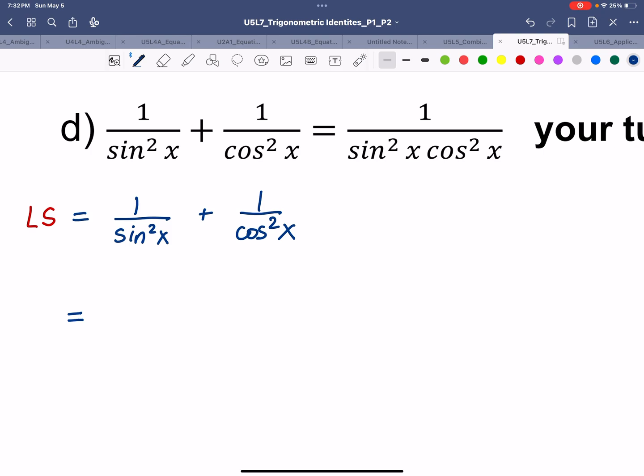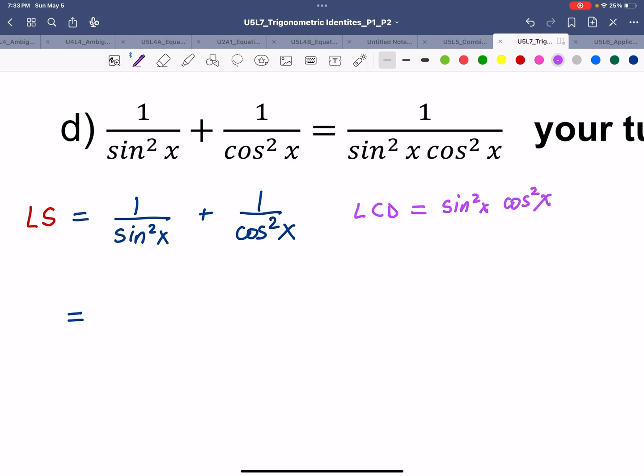So when it comes to simplifying them, just use the same rules that we use in simplifying any algebraic expression, which means that if we want to add two fractions, you have to find the lowest common denominator. And in this case, because the denominators are completely different and have nothing in common, the lowest common denominator is the product of the two.